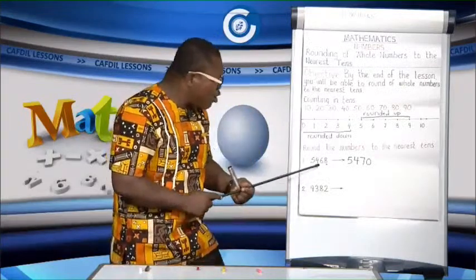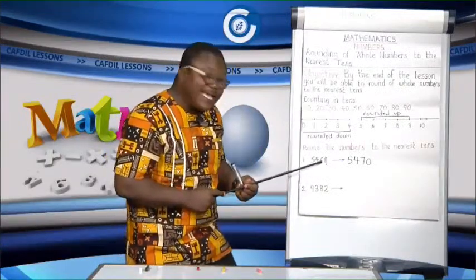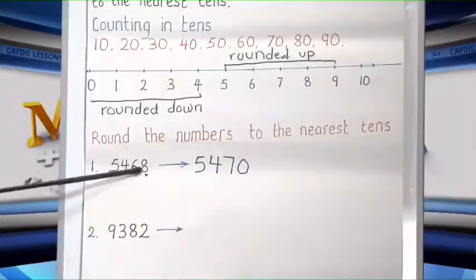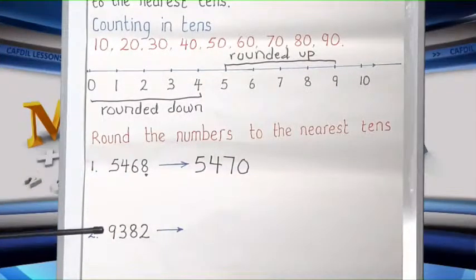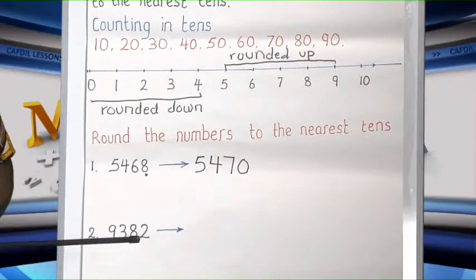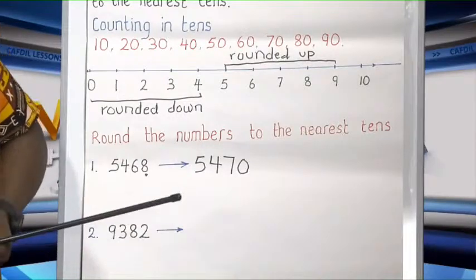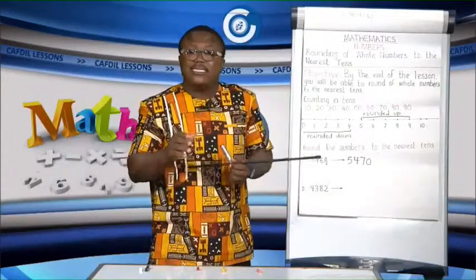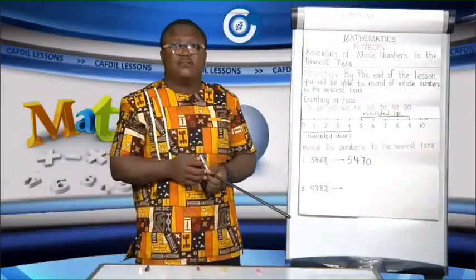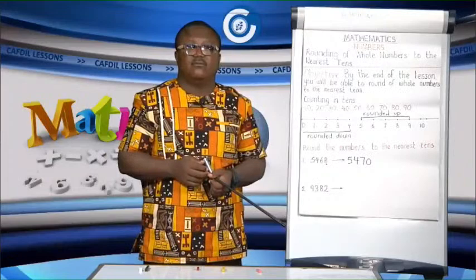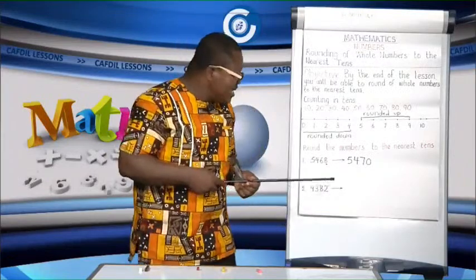On the other hand, learners, you can also see that 68, look at it, this figure is 68. And then 70. Is 68 not closer to 70? Let's consider that. 68.